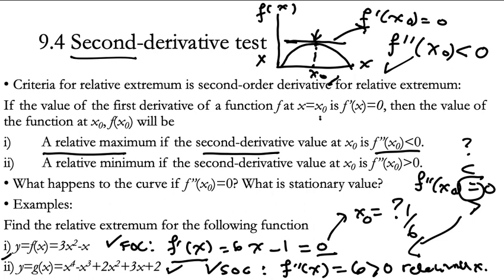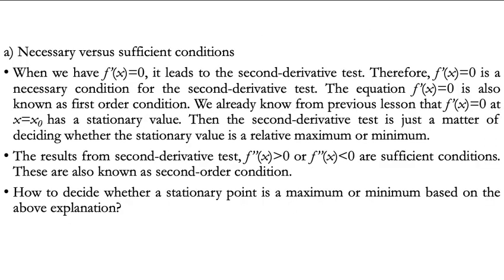But like I said, the first order condition is just a necessary condition for the second derivative test. To be very sure whether we have a relative maximum or relative minimum, we need to do the second derivative test. So the second derivative test becomes the sufficient condition to determine whether we have a relative minimum or relative maximum.